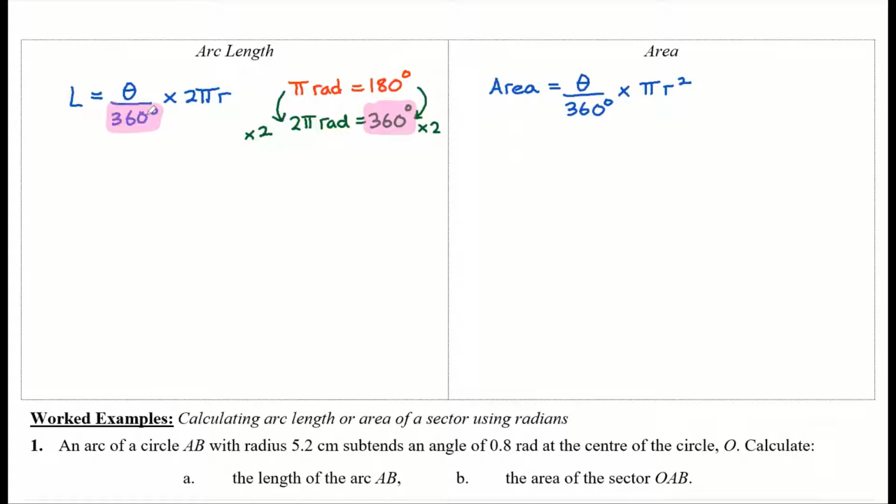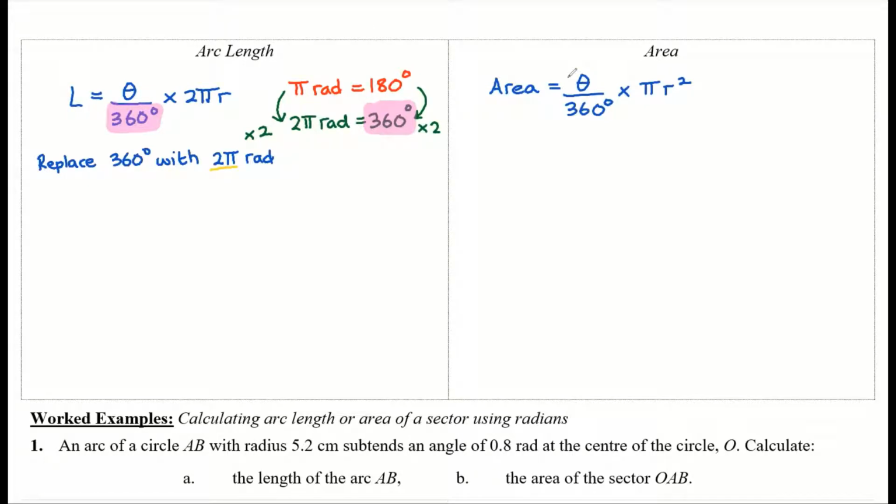And that's all you need to do. So let's just make a note of what we're doing, just so we're clear. We're going to replace 360 degrees with 2 pi radians, and you can just write it as 2 pi. It's absolutely fine. That's really important. So this is key. So let's sub it in.